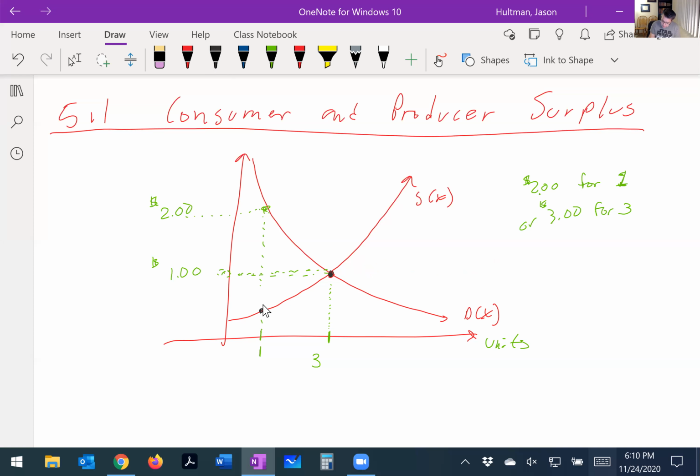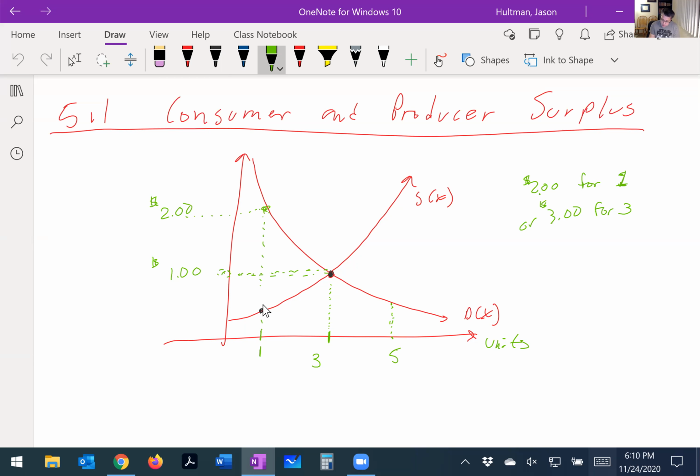Let's look over here. Let's go over here to 5. Let's say this is 5 cantaloupes. Say I don't really need 5 cantaloupes. I'm happy with either 1 or 3. I don't need 5. The demand is very low for 5, and supply is very high.